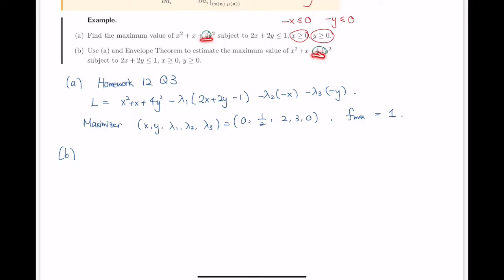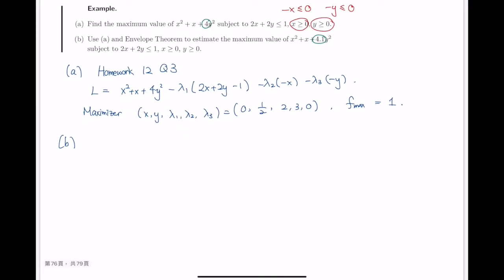So we do the usual thing. We first formulate the optimization problem in parameterized form. So we want to maximize the function f equals x squared plus x plus a0 y squared, where a0 is a parameter, subject to the constraints, which are unchanged: 2x plus 2y less than or equal to 1, x greater than or equal to 0, y greater than or equal to 0.